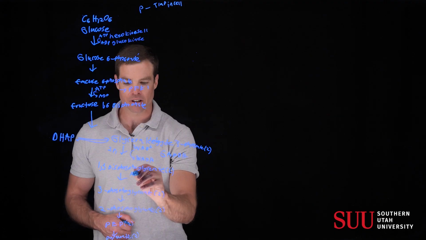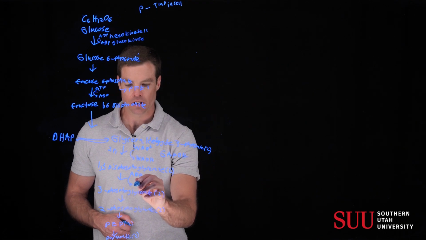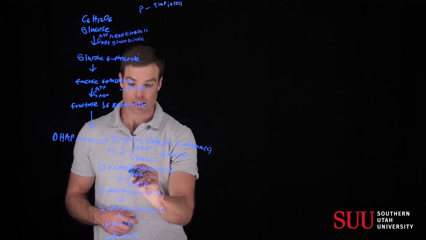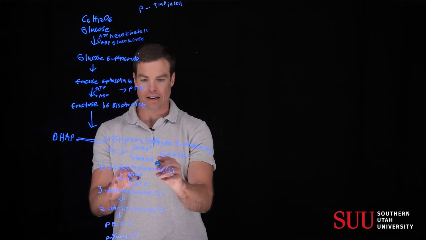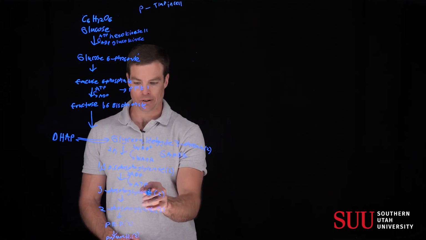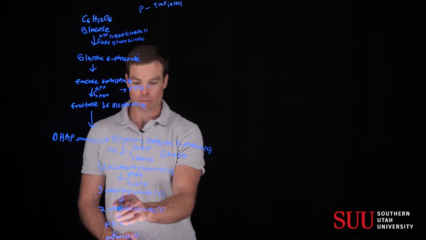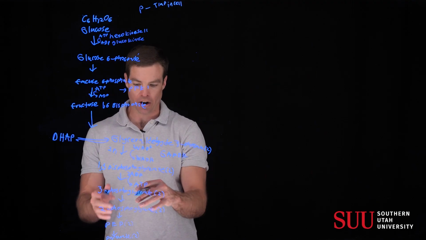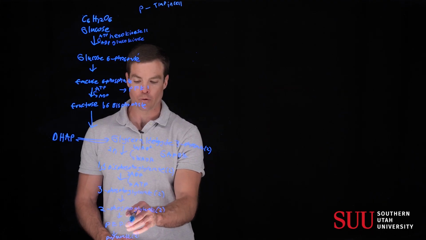All right, now we have 1,3-bisphosphoglycerate, which is a very high energy molecule, and now we start getting our return on investment, per se, because here we can take ADP and convert it to ATP. And actually there's going to be 2 of them, because there's 2 of those 1,3-bisphosphoglycerate. So now we have 3-phosphoglycerate, and then that gets converted to 2-phosphoglycerate, and then by another rearrangement you get phosphoenolpyruvate, or PEP.